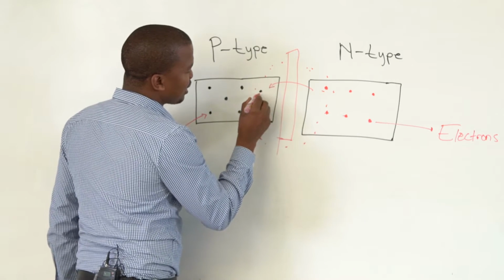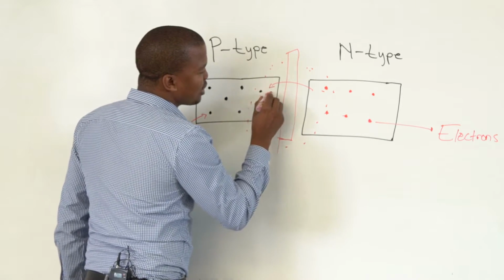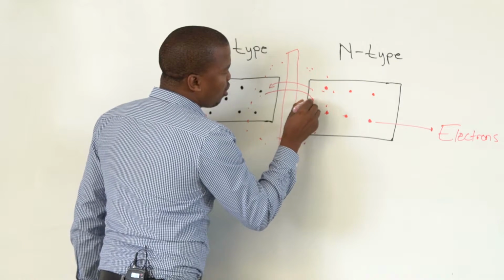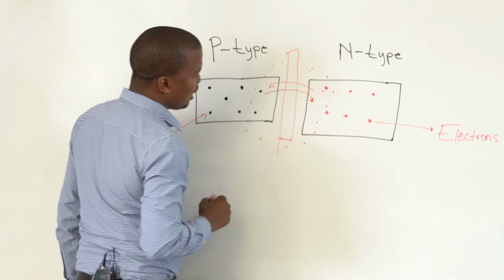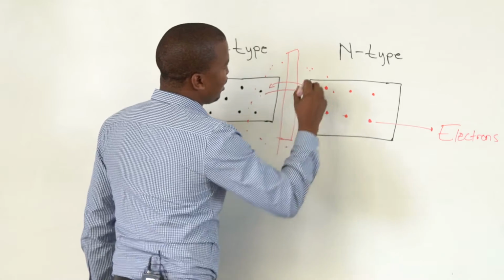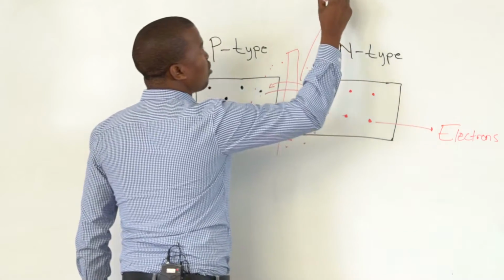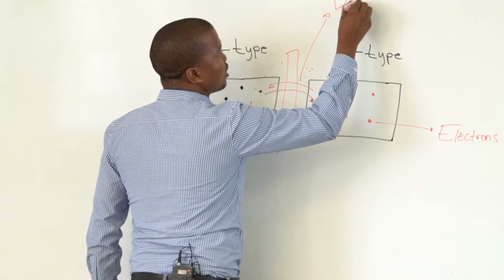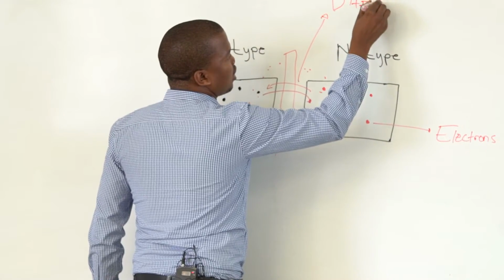And the holes from the P-type will jump to the N-type position. And this process is called diffusion.